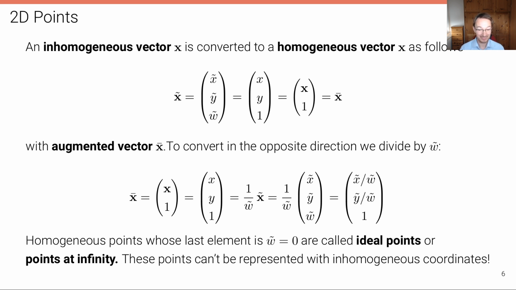However, this allows us to very conveniently express points that are located at infinity, even without having to use the infinity symbol. We can simply have a homogeneous vector where the last element is 0. And the point that corresponds to that homogeneous vector is a point that lies at infinity.